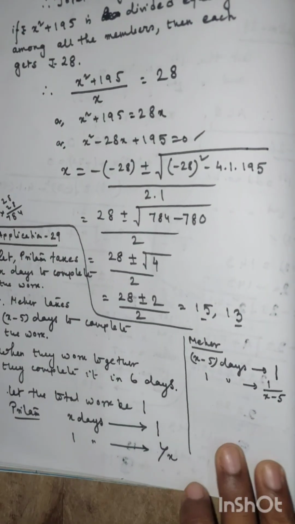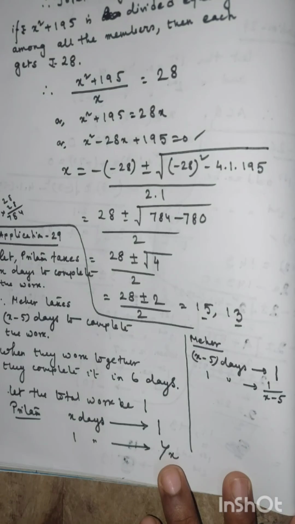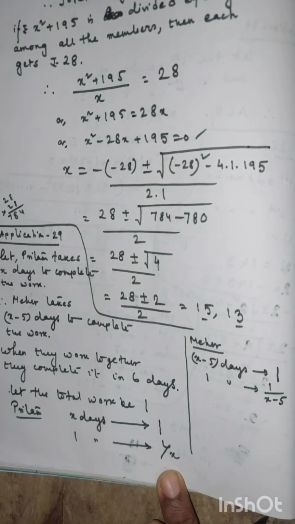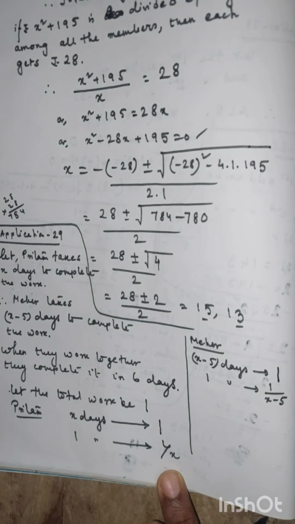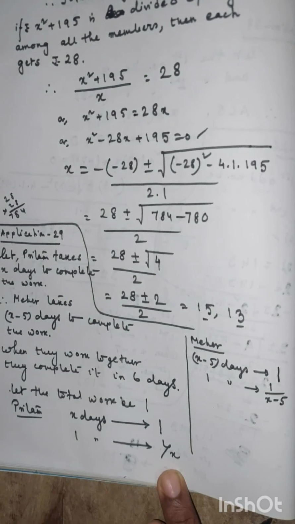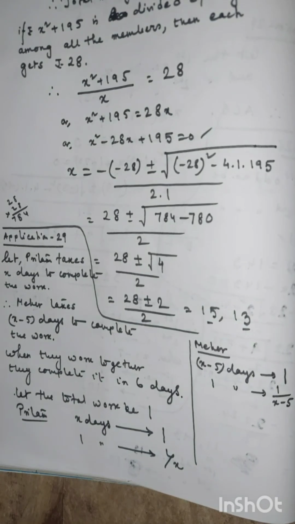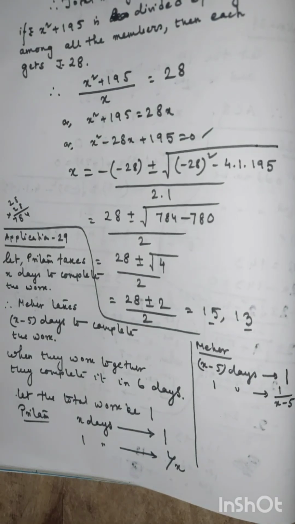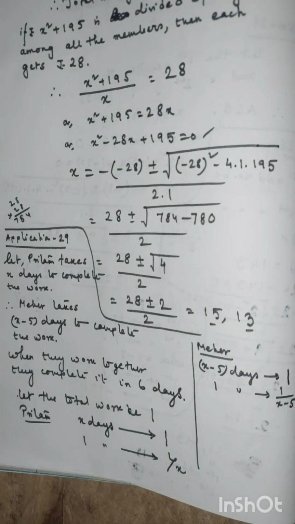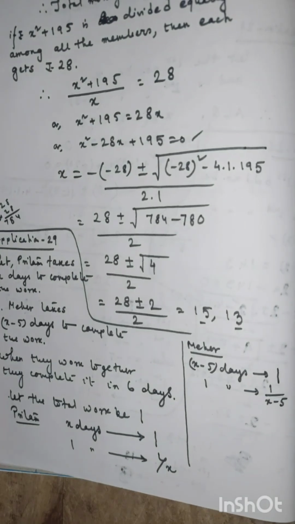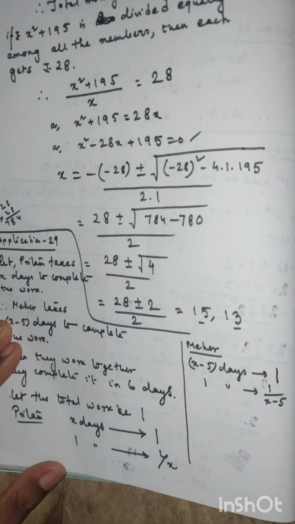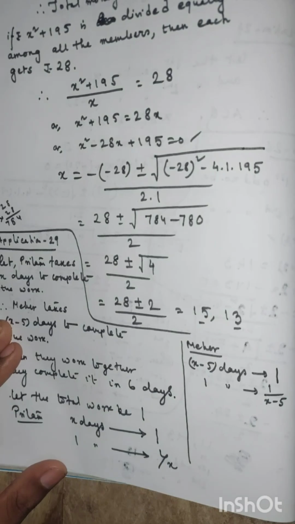When Pritam works alone he completes 1 by x part of the work in 1 day. And when Meher works alone she completes 1 by x minus 5 part of the work in one day.